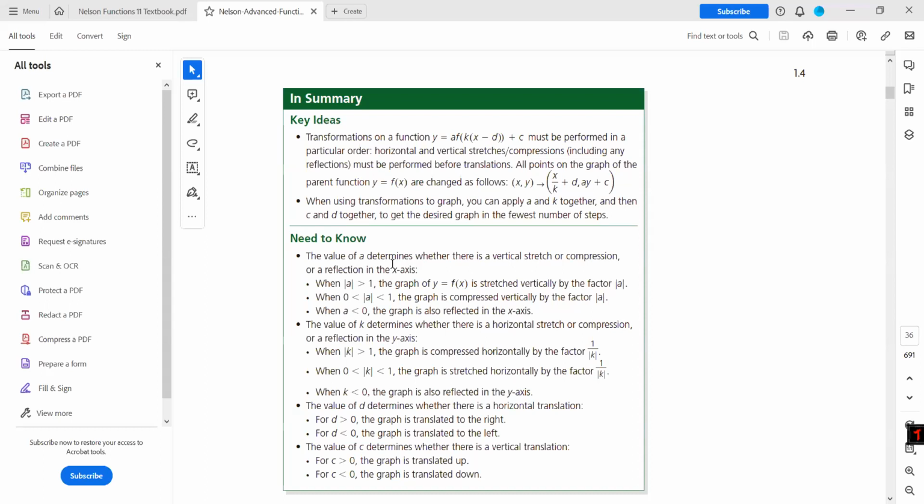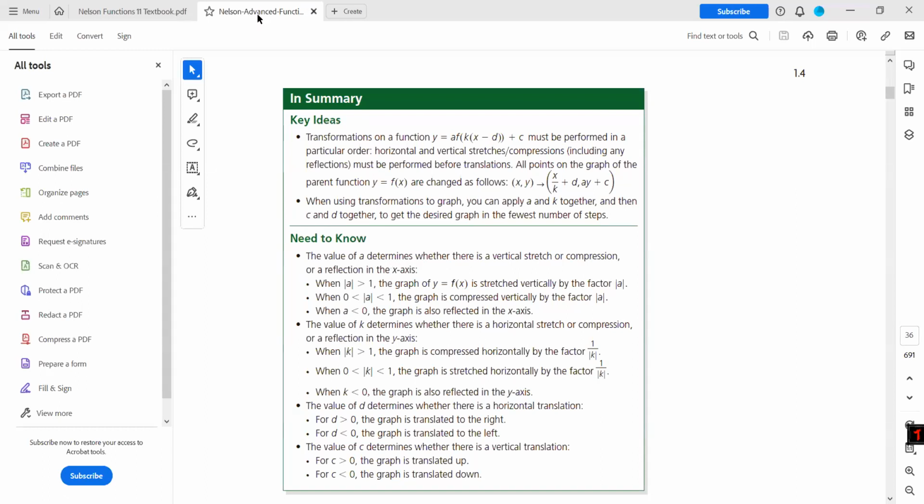All points on the graph of the parent function y equals f of x are changed as follows. The (x, y) coordinate is going to be divided by the k factor, and we're going to add d to it, and y is multiplied by factor a, and we add c to it.